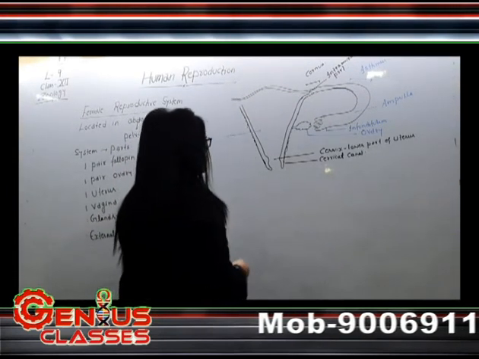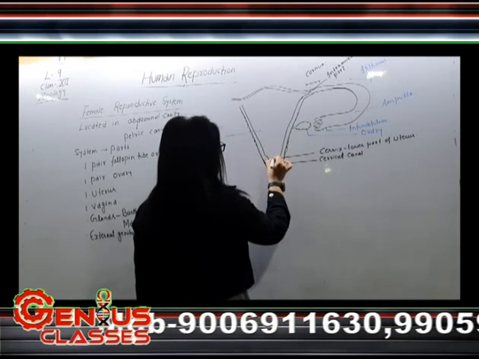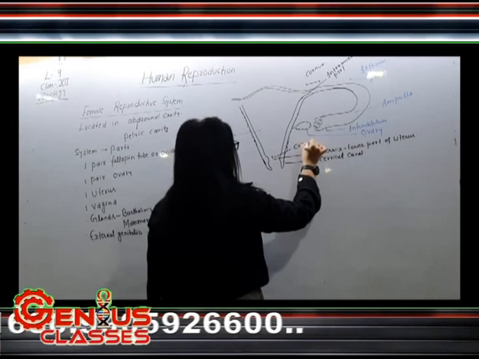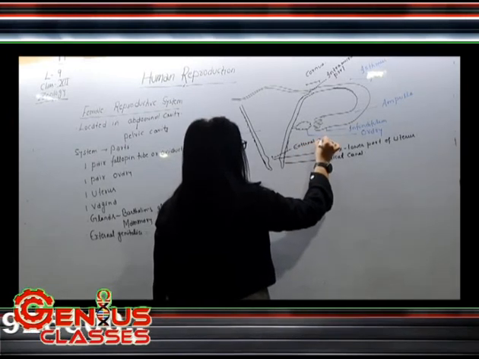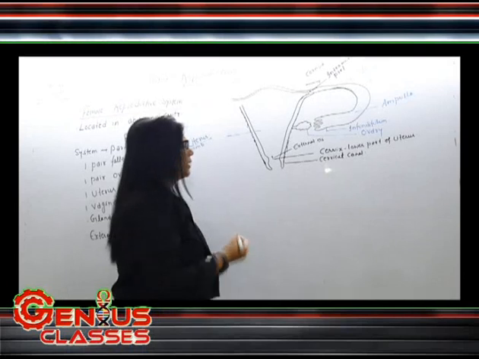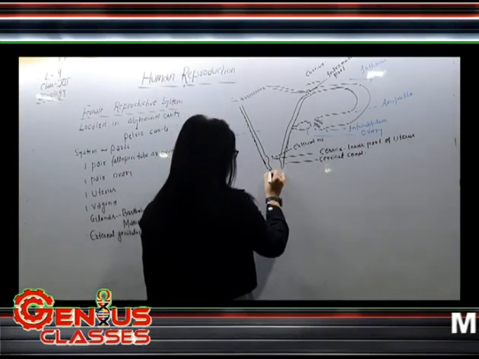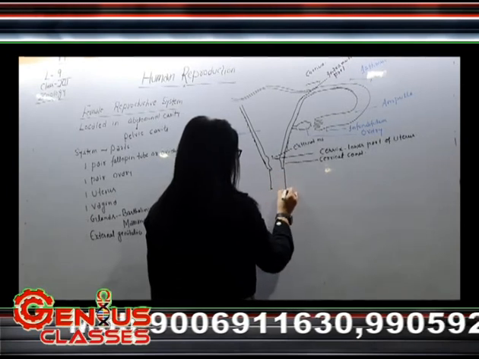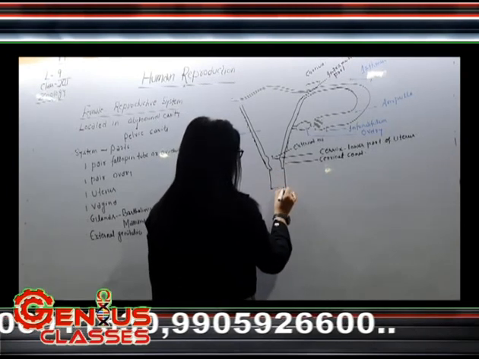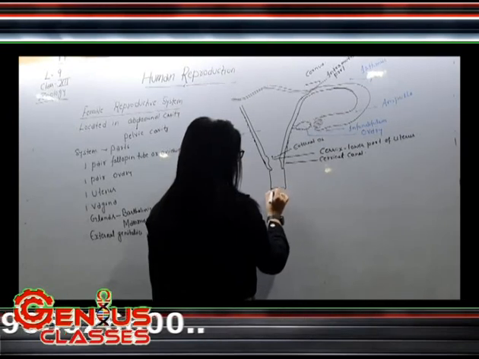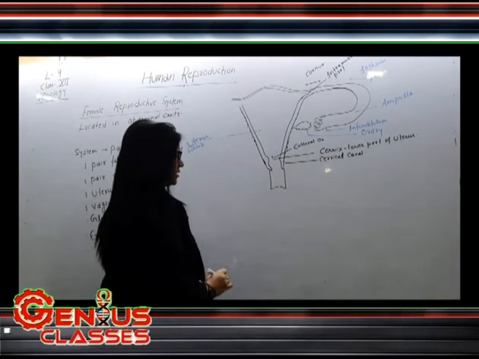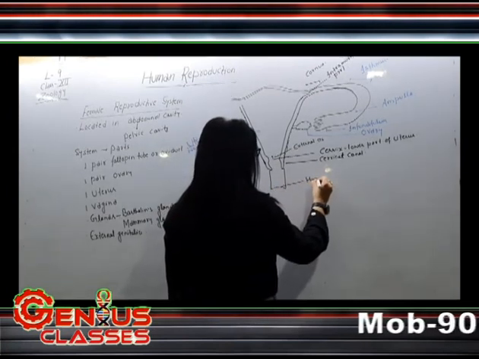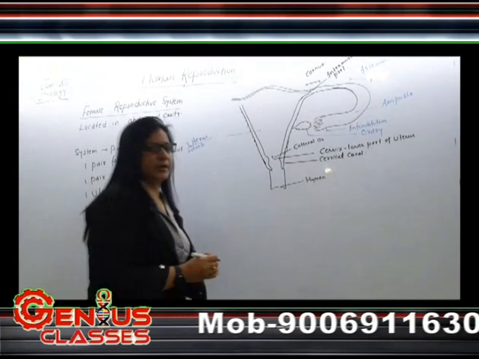So there are two openings, and the one towards the uterus is called the external OS. OS stands for orifice or opening. This part is called the vagina, where a centrally perforated membrane is present, and this is called the hymen. It is seen in virgin females.